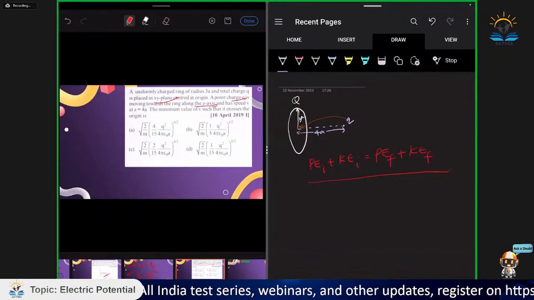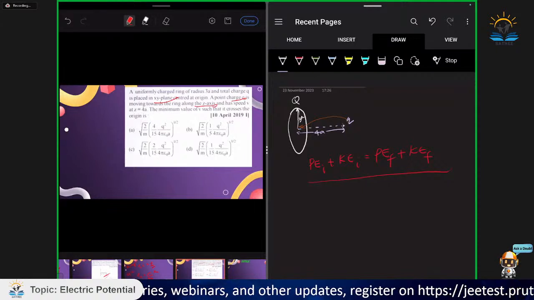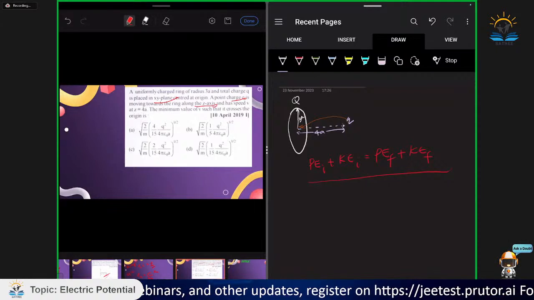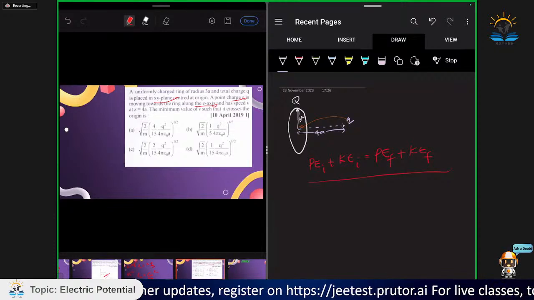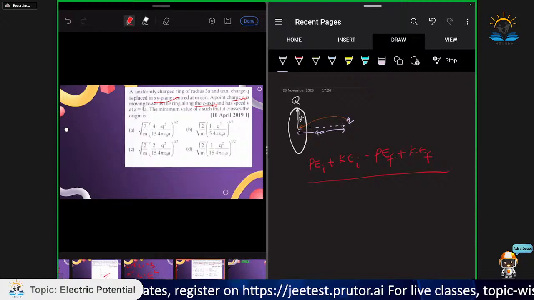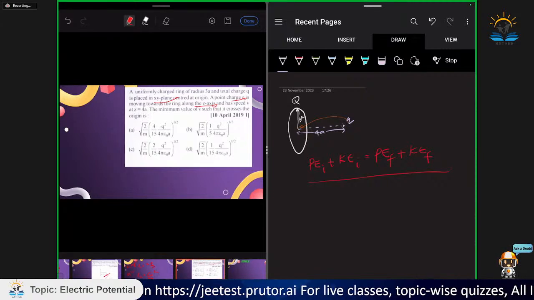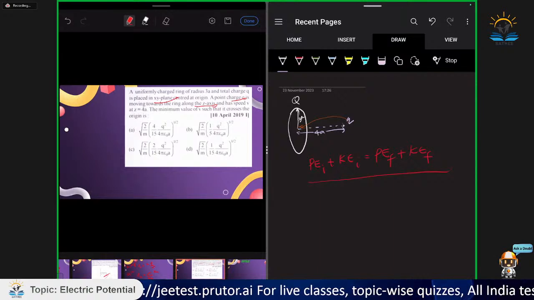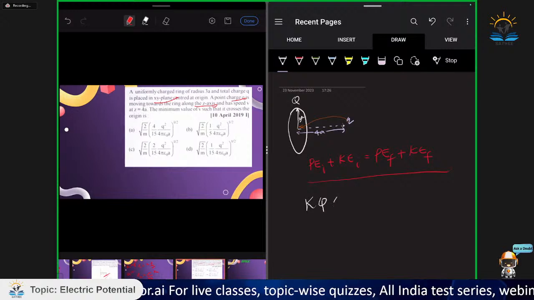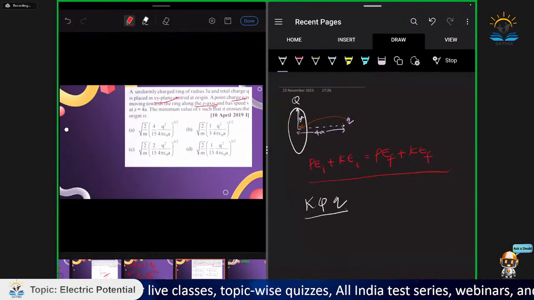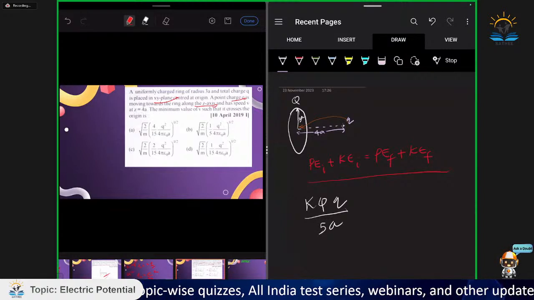If charge q is here, the initial potential energy is kQq by how much? 5a.